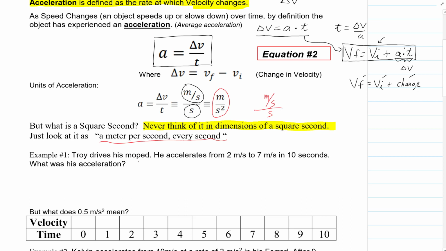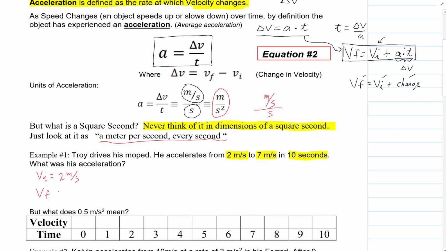Troy drives his moped. He accelerates from 2 meters per second to 7 meters per second in 10 seconds. So there's a lot of givens here. There's a 2, a 7, and a 10. So the initial speed is 2 meters per second.